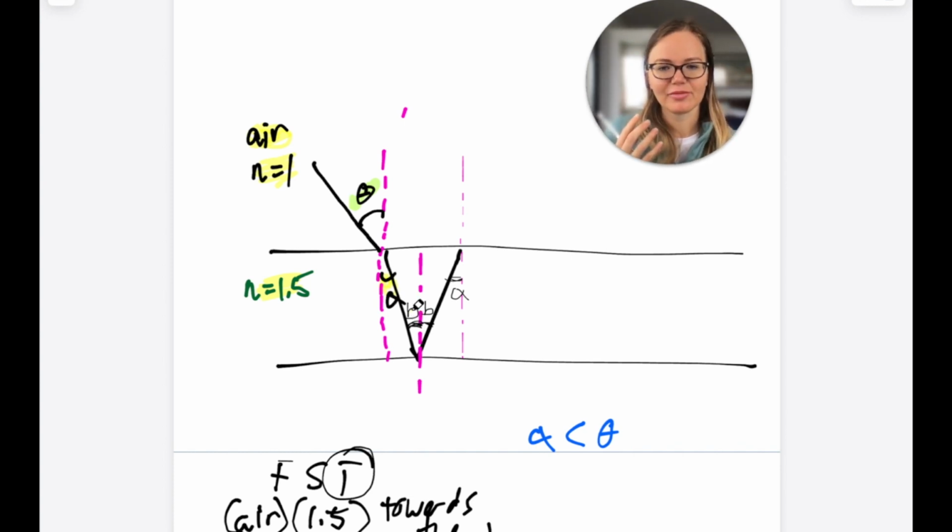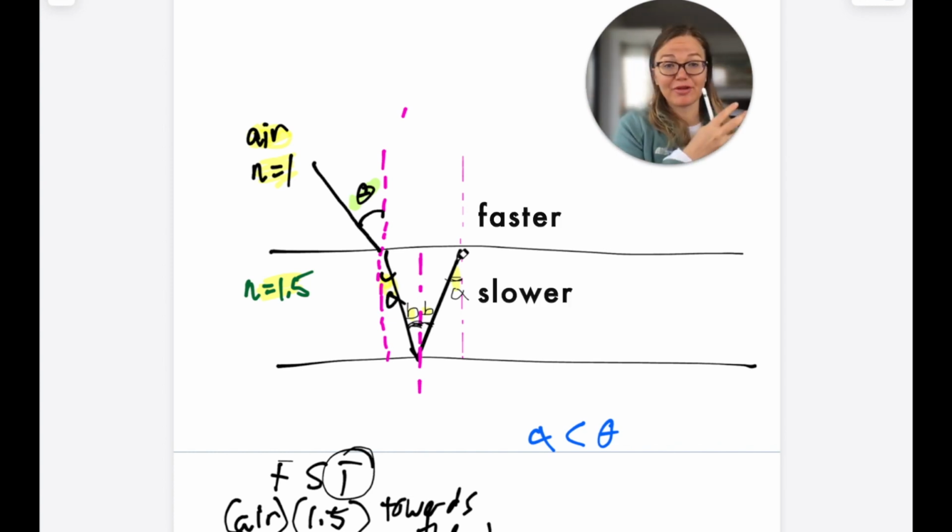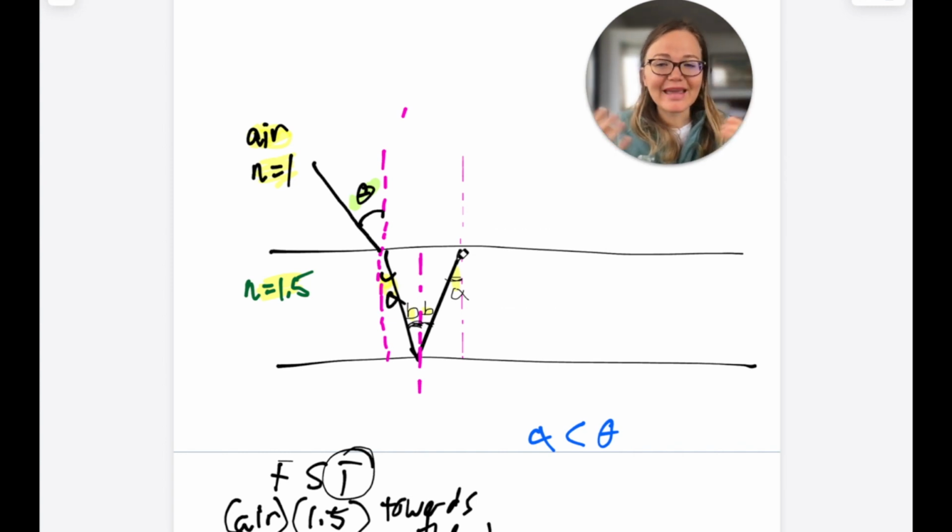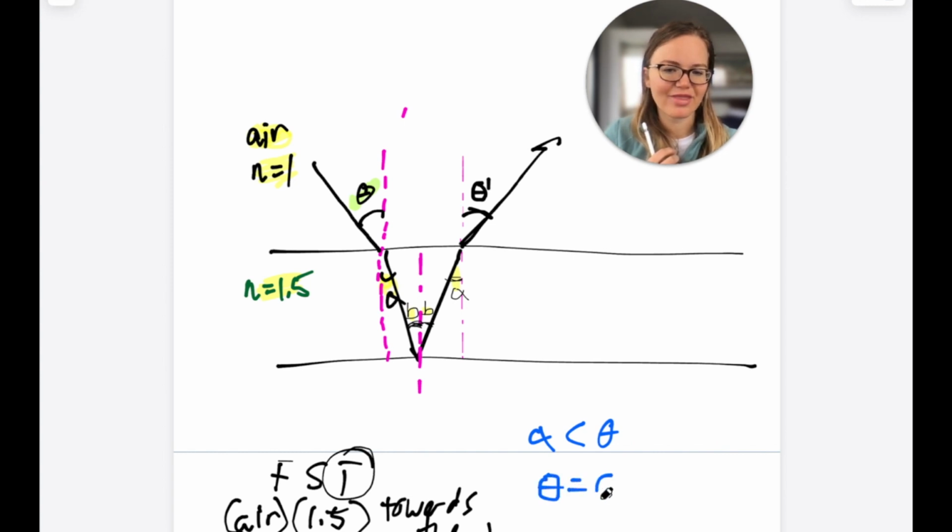And then this angle by default we called beta, so then it reflects back at beta. Now it's back to that same alpha angle again. We know that when it transitions from the medium with a higher index of refraction to a medium with lower index of refraction, it's going to bend away from the normal. So essentially we're doing the opposite of our original transition. So we're going to bend back away from the normal here, and the end result is that this angle, which we're going to call theta prime, is going to be equal to exactly our original theta. So I'm going to write that here. Our theta is going to be equal to our theta prime.